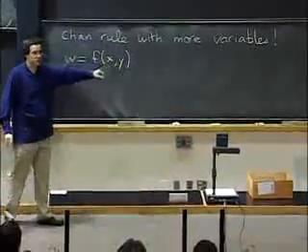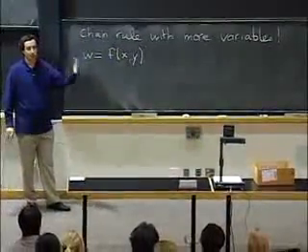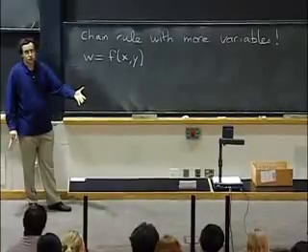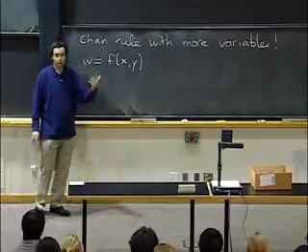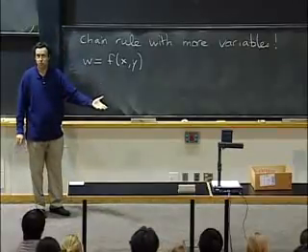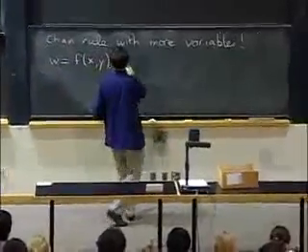In the previous setup, x and y depended on some parameter t. But now let's look at the case where x and y themselves are functions of several variables, let's say two more variables. Let's call them u and v.